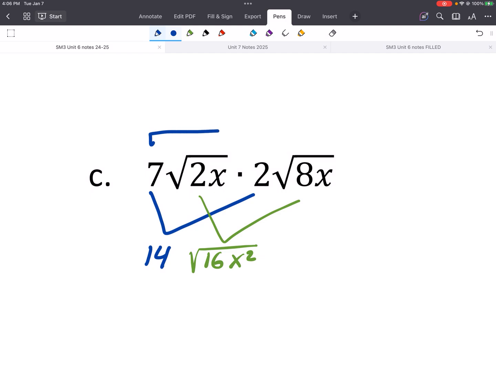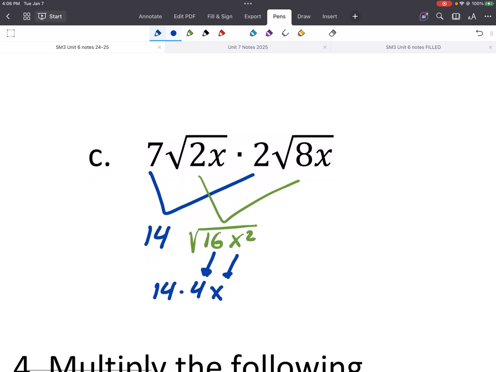Like these individually, can't really simplify those very well, but after we multiply, it ends up just giving us 14 times 4 x. And then if we multiply those together, the 4 and 14 would give us 56x would be our answer.